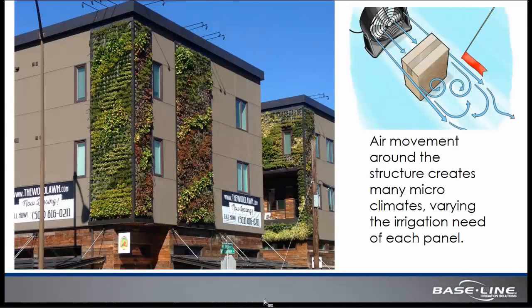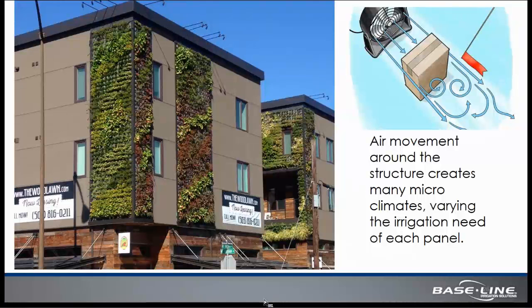When we're dealing with green walls and vertical irrigation applications, there are other things that need to be considered, because the water need characteristics are going to change dramatically. You've got a much shallower soil profile, and more extreme conditions where you're having to deal with air movement around the structure that may create several different microclimates that would alter the watering need for the plant material on different sides of the building.